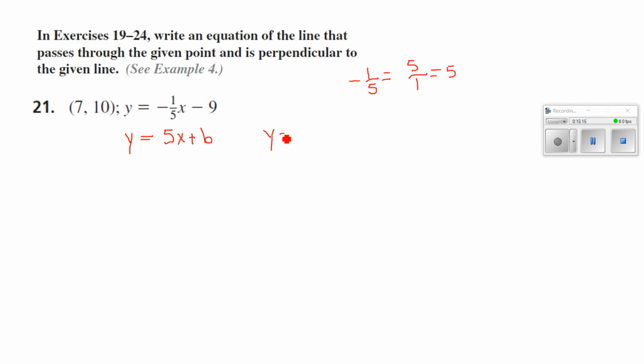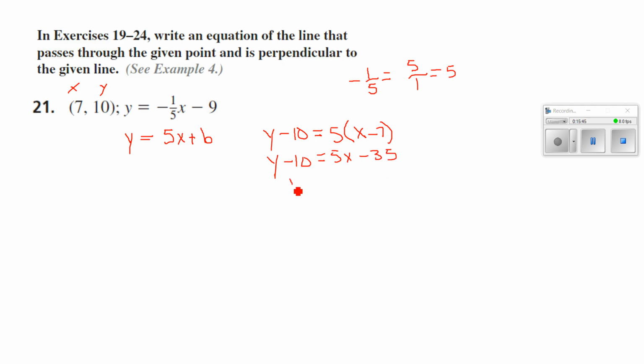I'm going to get y minus, my y over here is 10. So y minus 10, and that's going to be equal to my slope, which is 5 now, not negative 1 over 5. Don't use the old one. And then that's going to get multiplied to x minus 7. This is going to give me y minus 10 equals 5x minus 35.